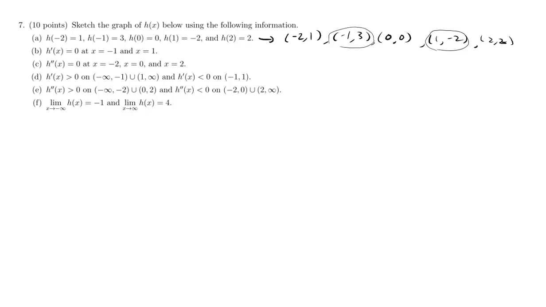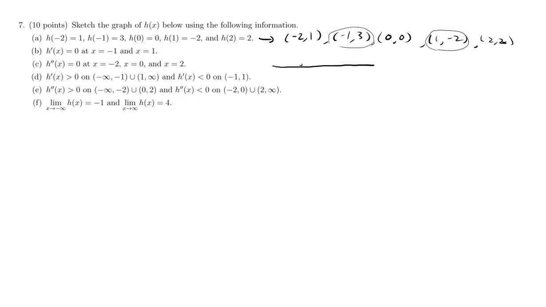Okay, now let's see. Look at this one. h prime is positive on negative infinity to negative 1 and 1 to infinity, and h prime is less than 0 from negative 1 to 1. So let's try to draw a picture and see what it means.